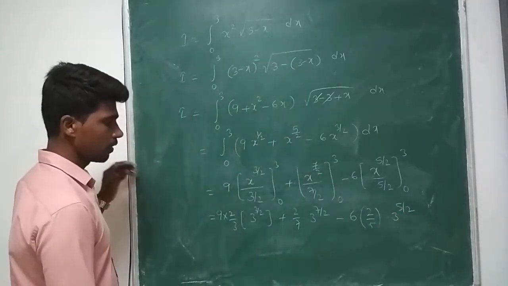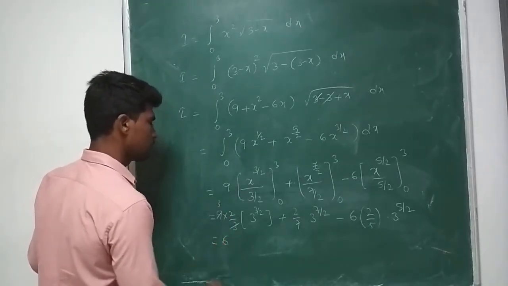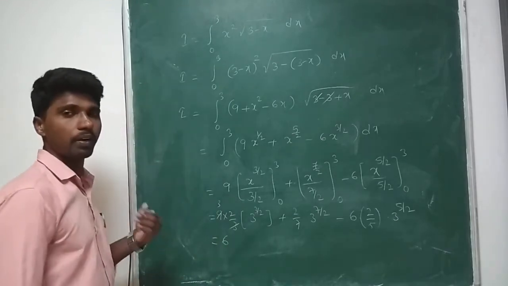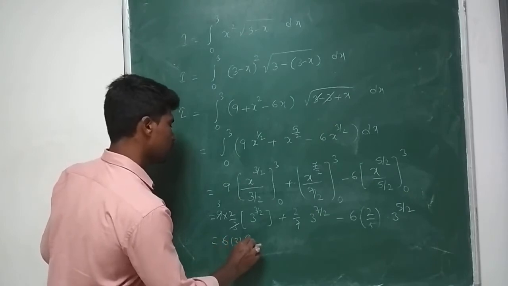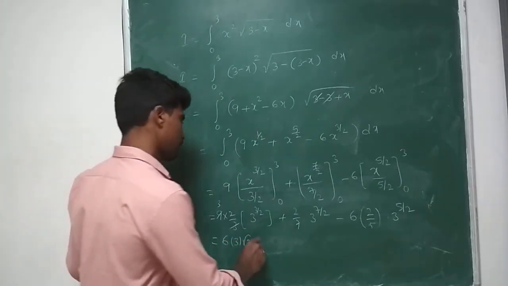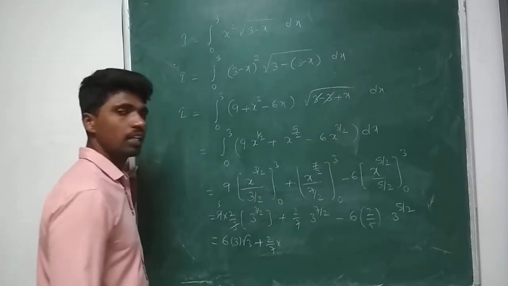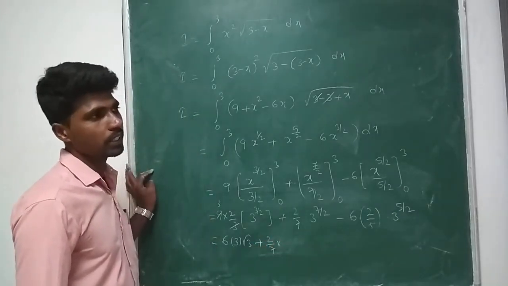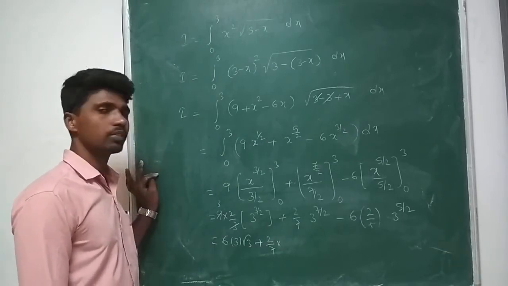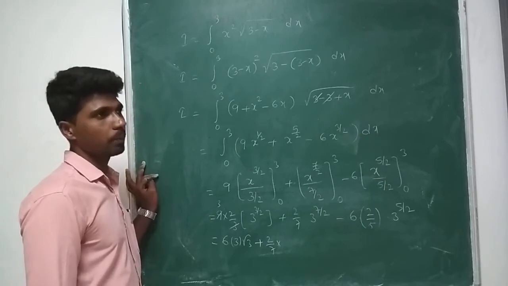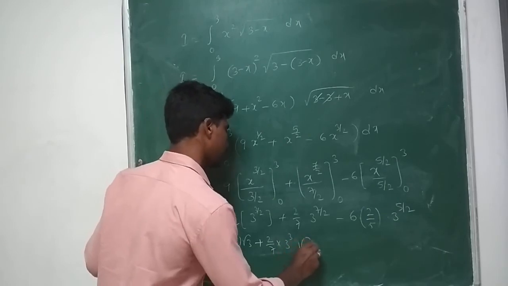Simplifying: 9 times 2 by 3 is 6 into 3 power 3 by 2, meaning 3 power 1 plus 1 by 2, so I get 3 root 3. Plus 2 by 7 into 3 power 7 by 2, 3 power 3 plus 1 by 2, which I can write as 3 cube into root 3.